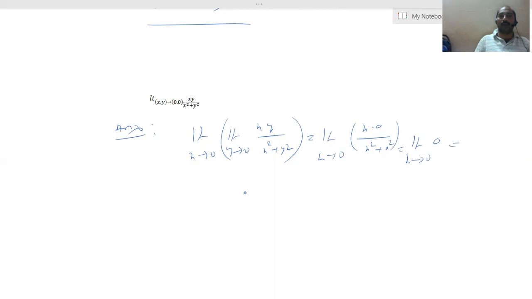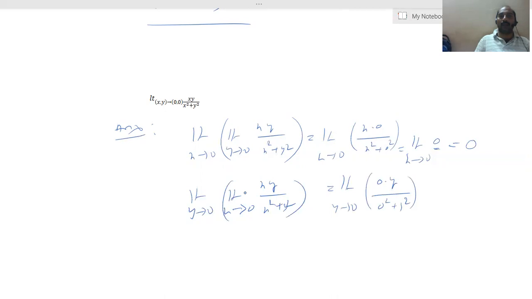So limit of a constant function is the same value. So interchange the limit: limit y tends to 0, limit x tends to 0, xy by x square plus y square. First substitute the x value. Limit y tends to 0, this value is 0 into y by 0 square plus y square. Here also the limit value is 0. Limit y tends to 0, 0 equal to 0.